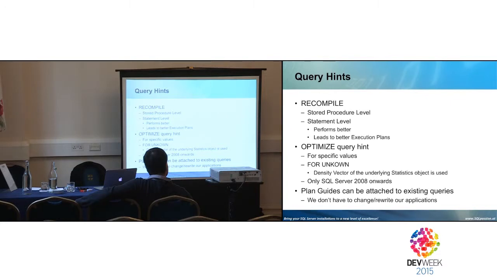There is also a so-called OPTIMIZE FOR query hint. With that query hint, we can optimize our execution plan for a specific input parameter. For example, when you know that normally you execute that stored procedure with an input parameter of UK because you normally retrieve all your customers from the UK, then you can tell SQL Server with that query hint that you always want an execution plan which is optimized for the parameter value of UK.